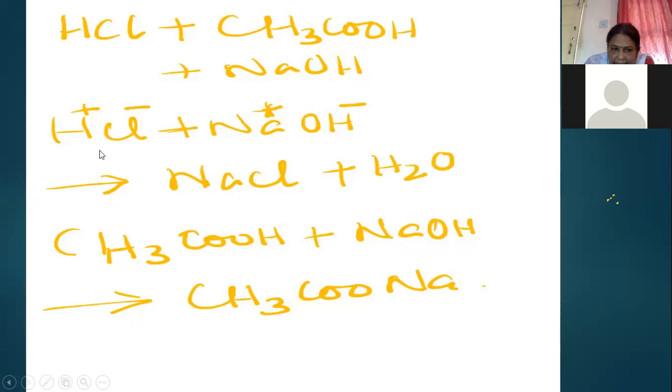So when HCl is converting into sodium chloride, the conductance slowly decreases, right? Then once all the H plus ions are neutralized by sodium ions, or all HCl present in the solution is converted into NaCl, the conductance reaches the lowest point.